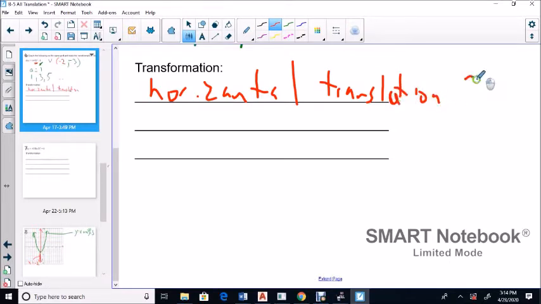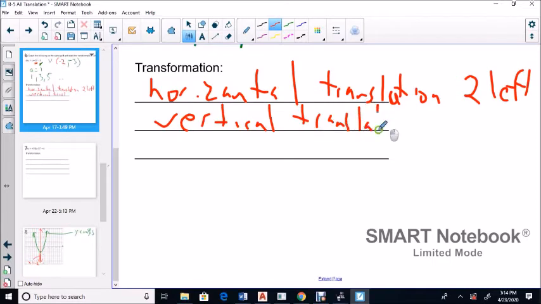Translation to left. And we got a vertical translation. Three down. And that's that question.